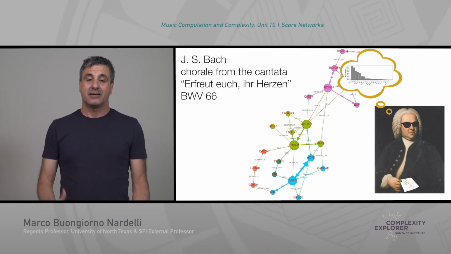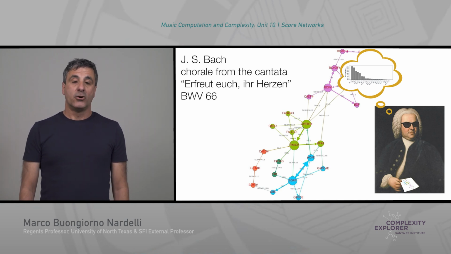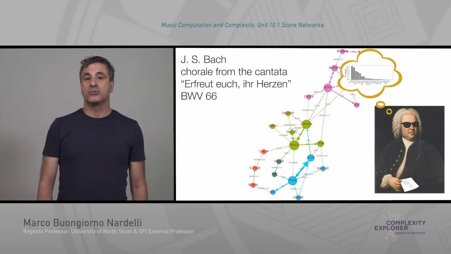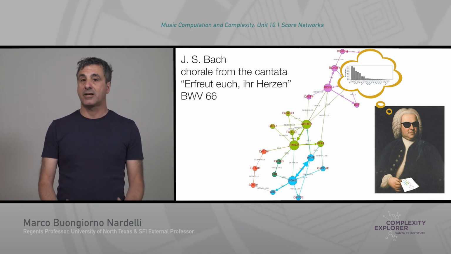And here I want to point out that the way in which the different nodes are colored is not something that I decided in making the picture. The nodes are colored according to a specific algorithm that evaluates what is called the community structure of a network.